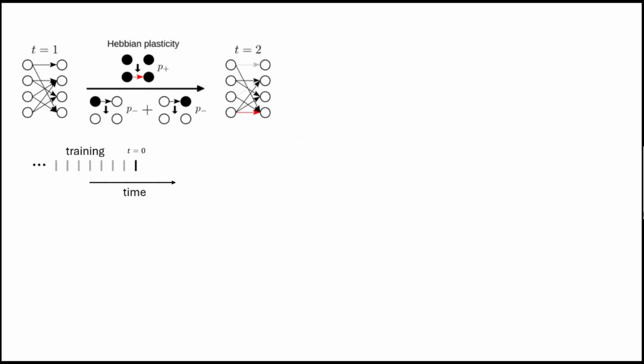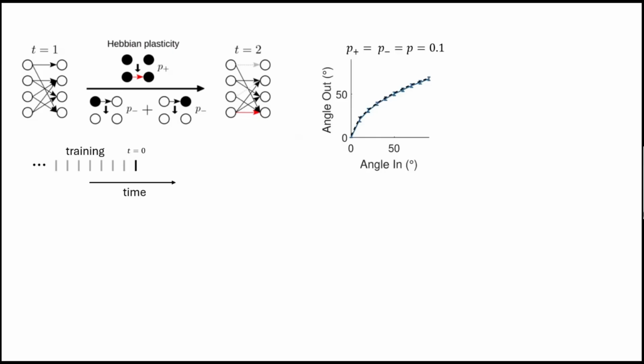Now in this case, I start off with some initial network and I start encoding patterns in it until I reach a steady state, until the statistics of the network have reached a steady state. And then I start applying my linearly dependent stimulus to it. And when you do that, you see once again this relationship between input and output angles, the similarities, holds.